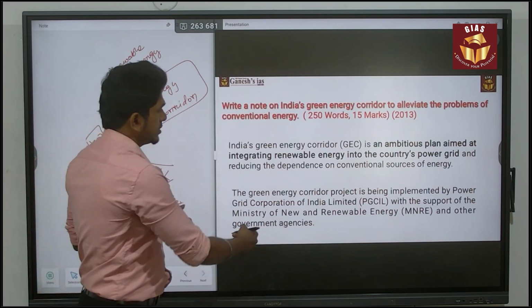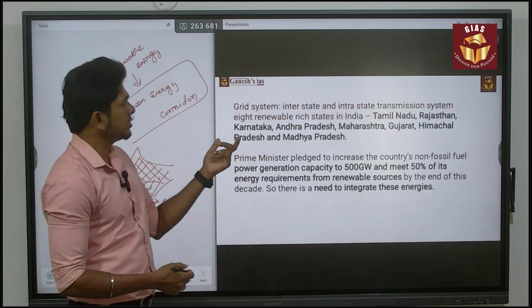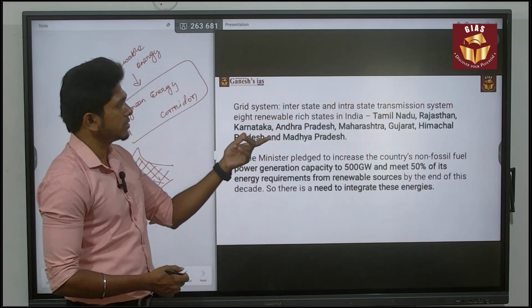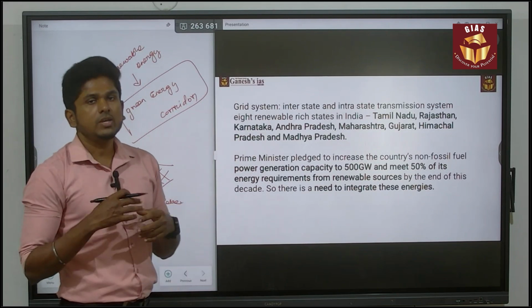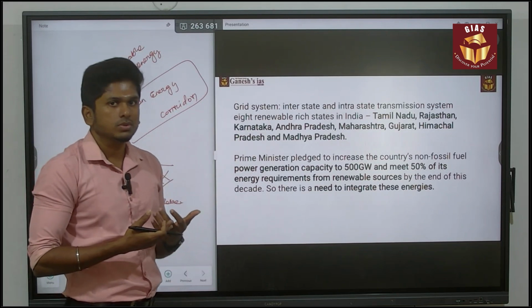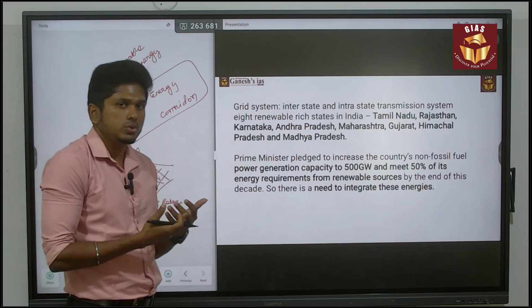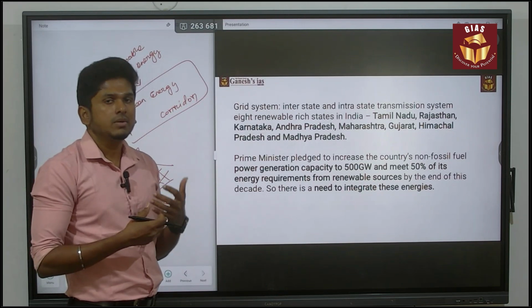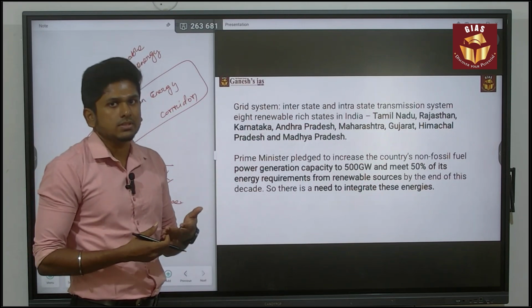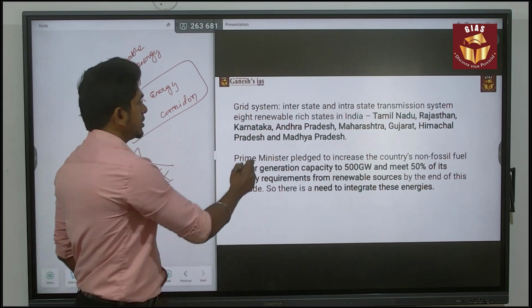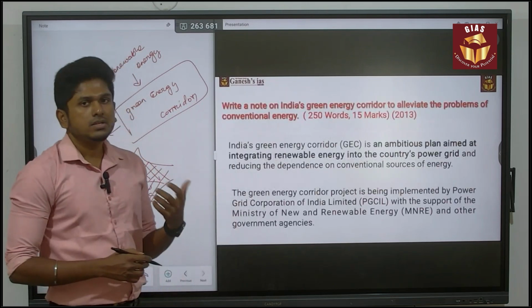For example, states like Tamil Nadu, Rajasthan, Karnataka, Andhra, Maharashtra, Gujarat, Himachal Pradesh, and Madhya Pradesh have high potential of green energy sources. So what the government is going to do is integrate it by doing interstate and intrastate transmissions. So this is all about the green energy corridor.